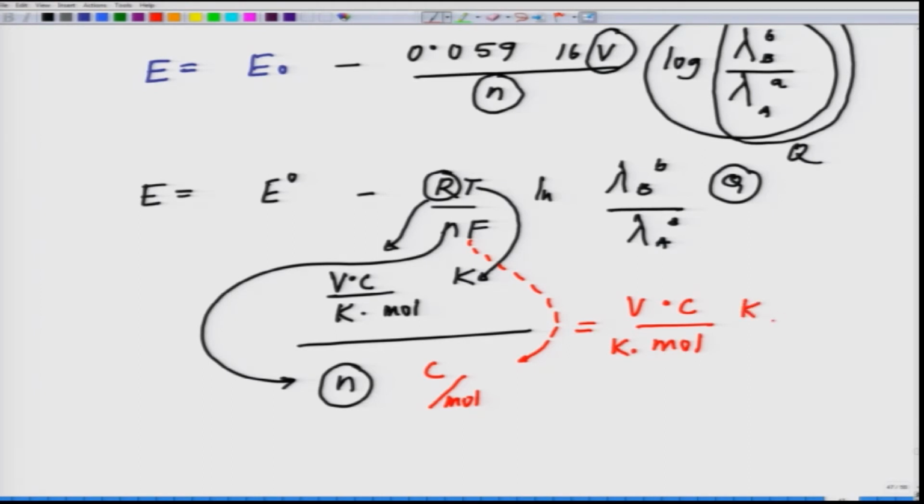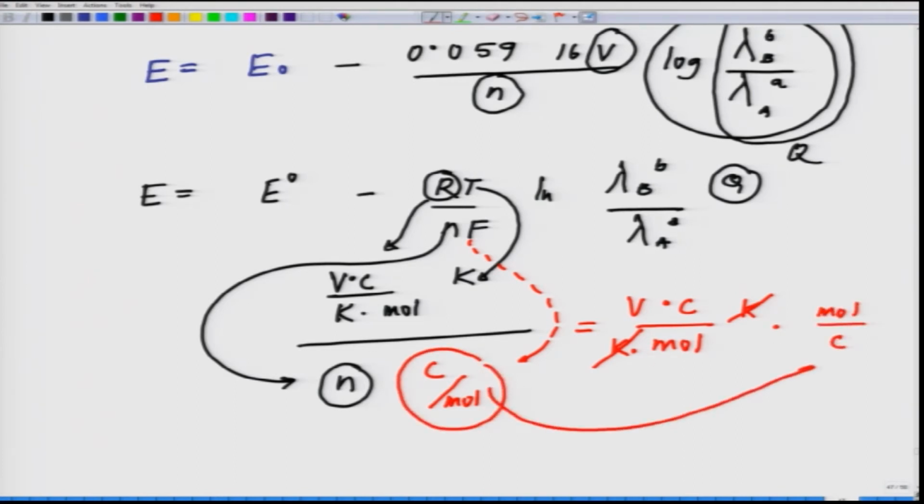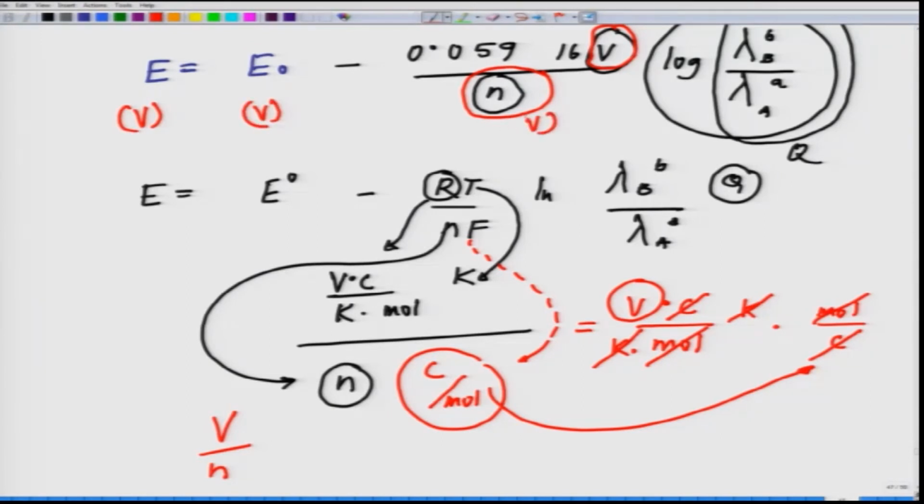You have volt coulomb per mole multiplied by mole per coulomb; coulomb cancels, mole cancels, and you are left with volt. So, you have volt upon n, and this is precisely what you see here: volt, which is in voltage, and n, which is just a number.